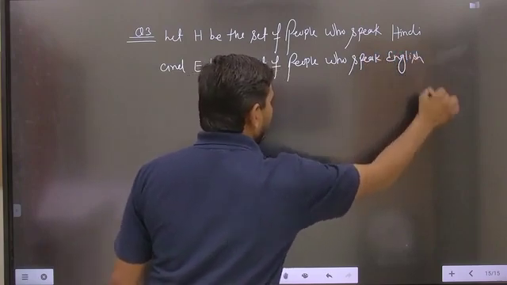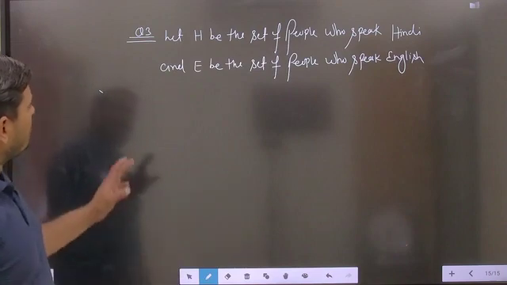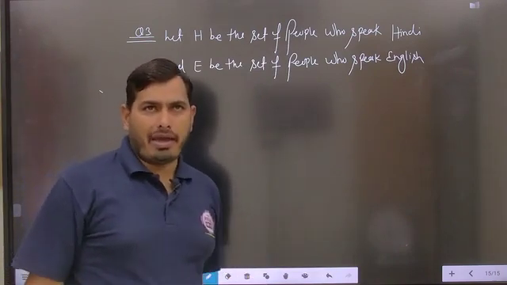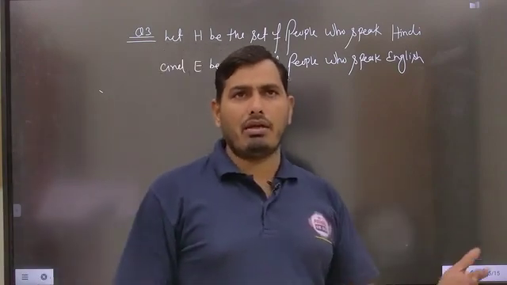Is it clear? So basically in this particular question, students, there are two sets we have to assume, H and E. H means who speak Hindi and E means who speak English.